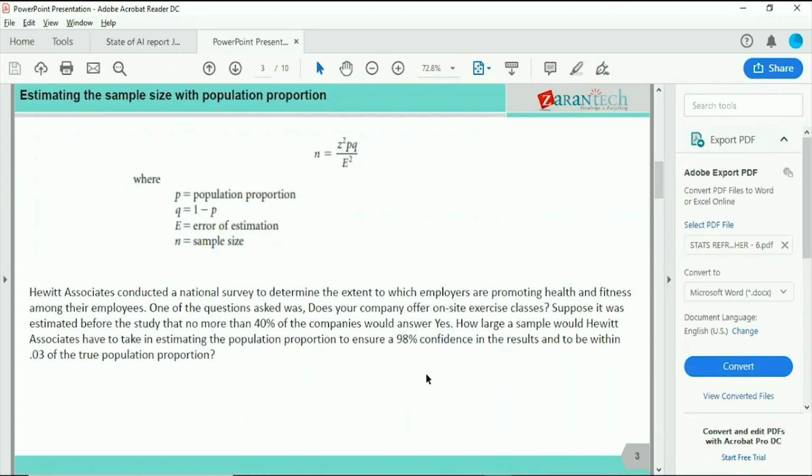Why will this be 0.4 into 0.6? Because it says so in the formula. Sorry.